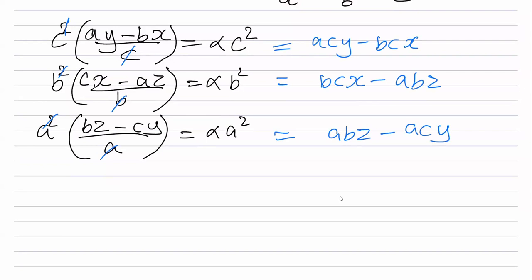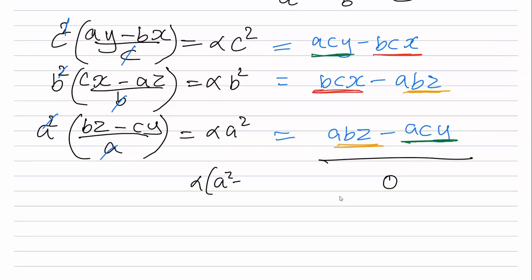So can everyone see here that bcx and bcx is coming over here? abz and abz is visible over here, and acy and acy are over here. All these terms are sort of symmetric. When you add them all up, you get 0 over here, and over here, you get alpha times a square plus b square plus c square.